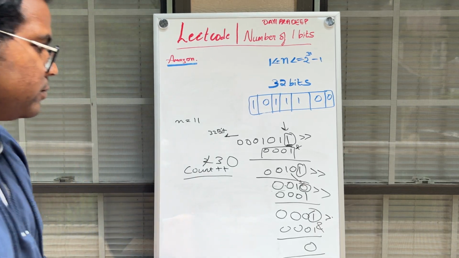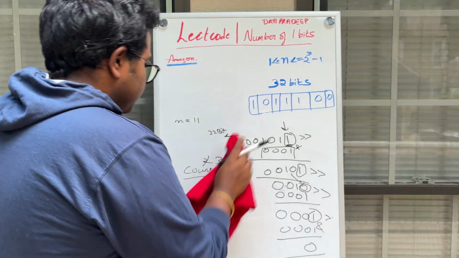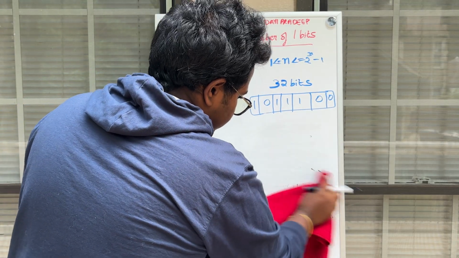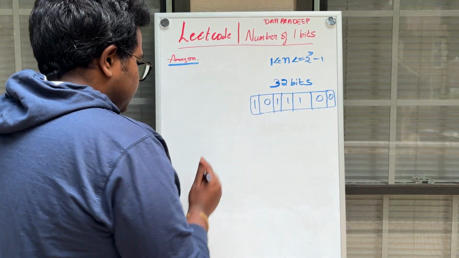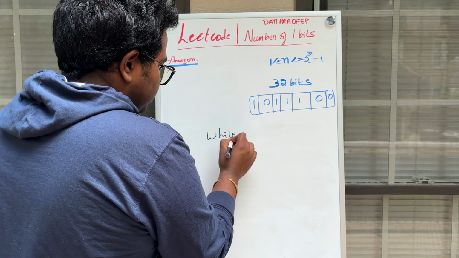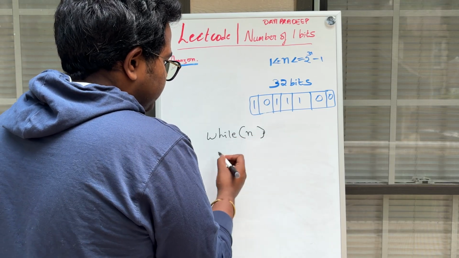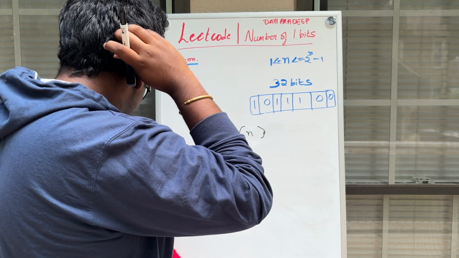So this is the best approach, and this is the approach we are going to use. Let me write the pseudocode for this. Have a while loop until n is not 0. What do we do?